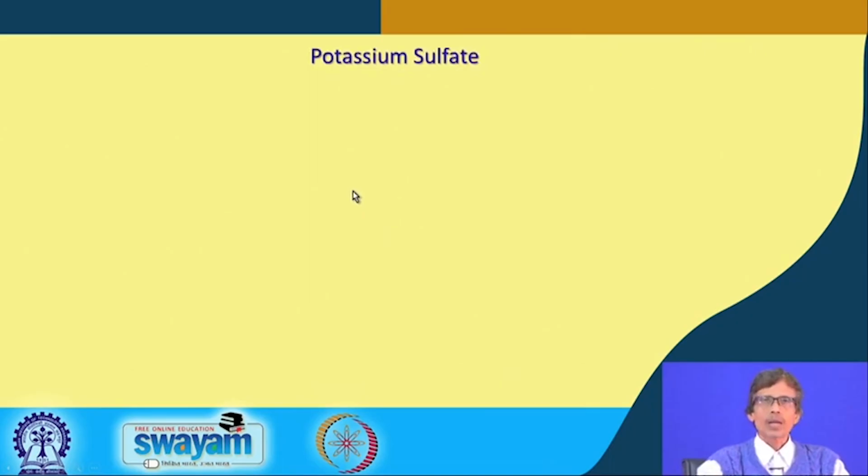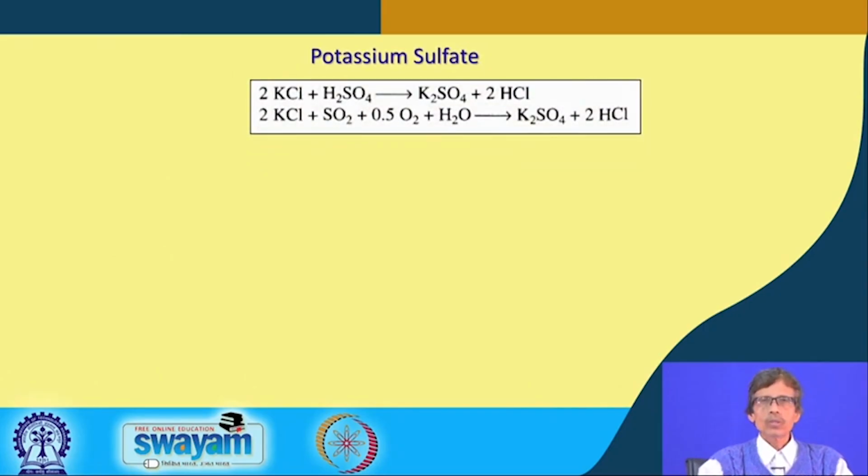How do we make potassium sulfate now? If we are able to make potassium chloride nicely on an industrial scale, in huge amounts, the typical textbook reactions are very simple: you react the huge amount of potassium chloride with sulfuric acid. We already know this mineral acid, sulfuric acid, and how we prepare it, so the industrial supply of it is very much in hand. So you directly react with sulfuric acid, giving you potassium sulfate.